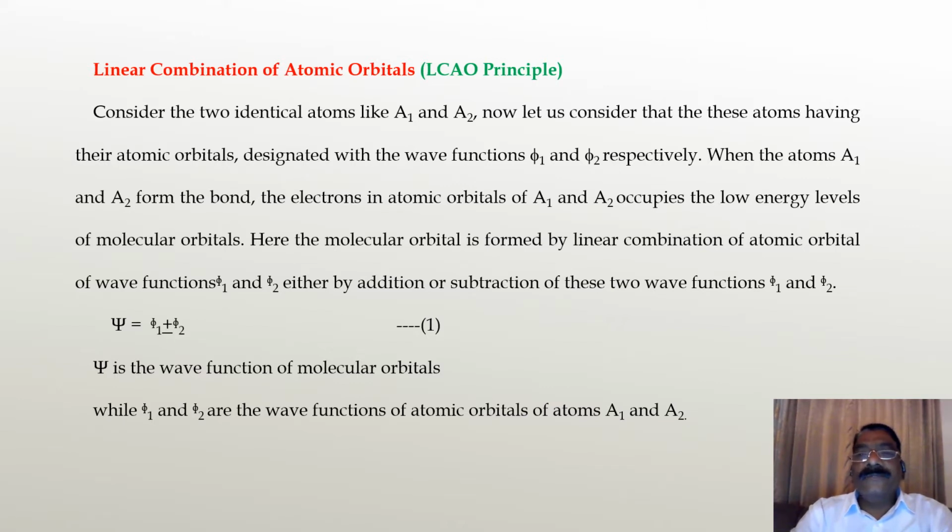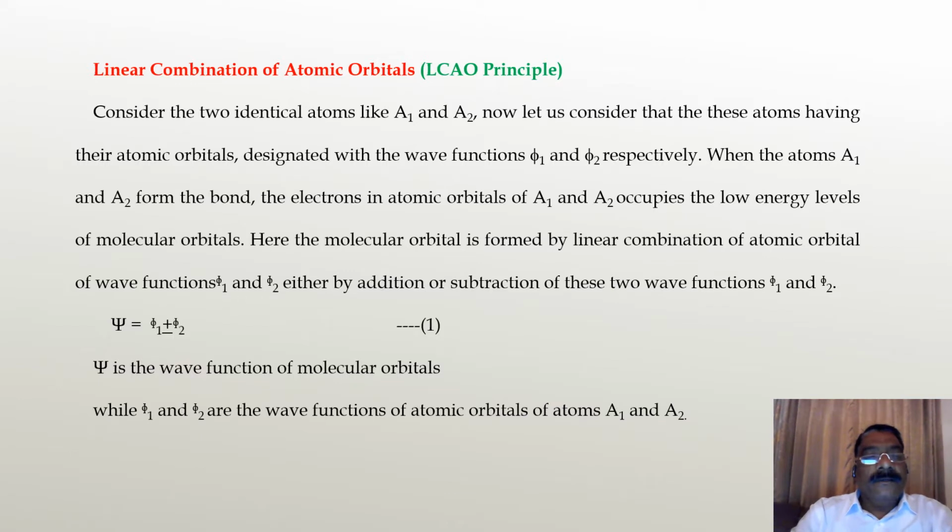When the atoms A1 and A2 form a bond, the electrons in the atomic orbitals of A1 and A2 occupy low energy levels of molecular orbitals. Here, a molecular orbital is formed by linear combination of the atomic orbitals with wave functions phi1 and phi2, either by addition or subtraction of these two wave functions.